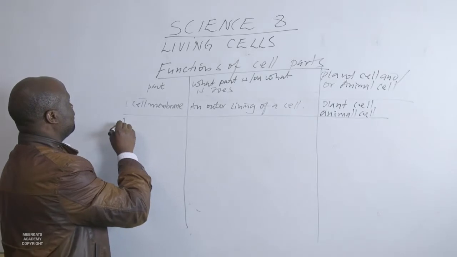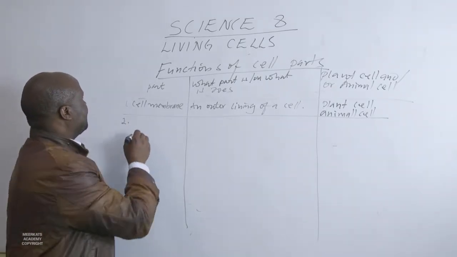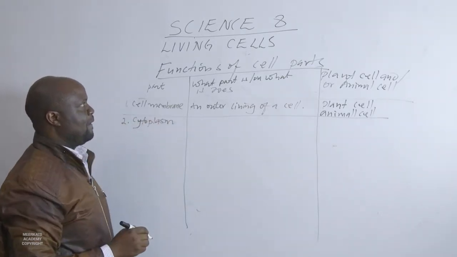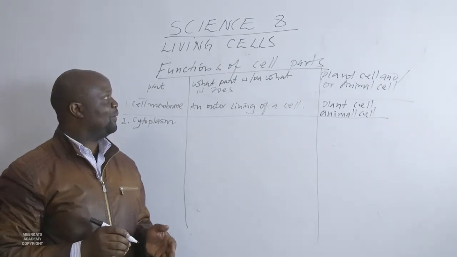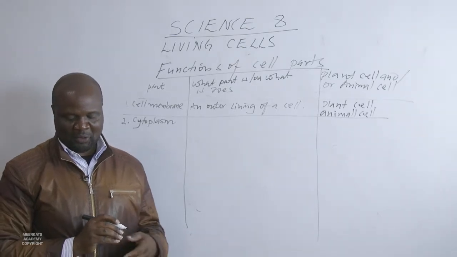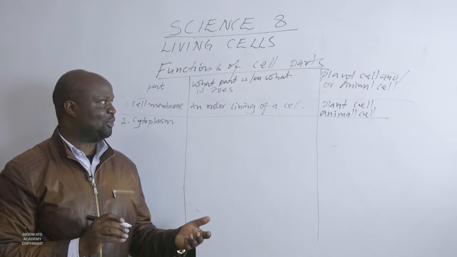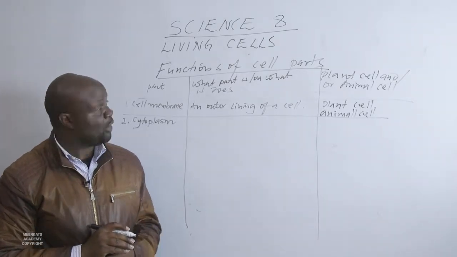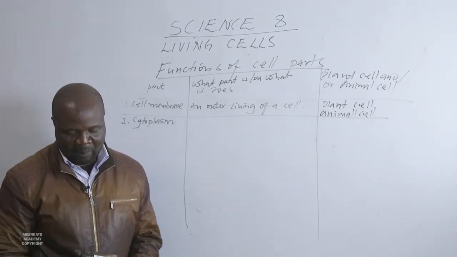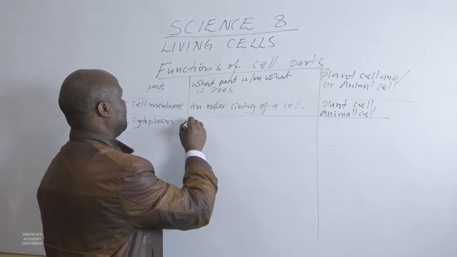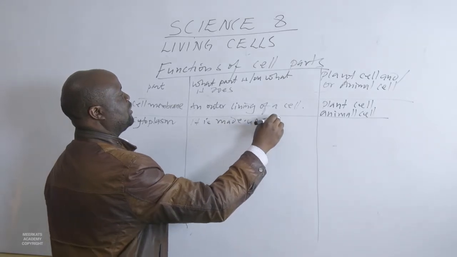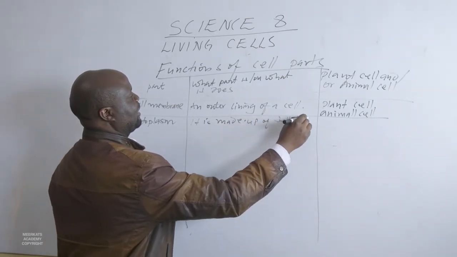Then we can go to our second structure, and our second structure is called cytoplasm. What part is it, and what does it do? We want to know what part in a cell and what it does. So when we are talking about cytoplasm, it is made up of jelly-like fluid.